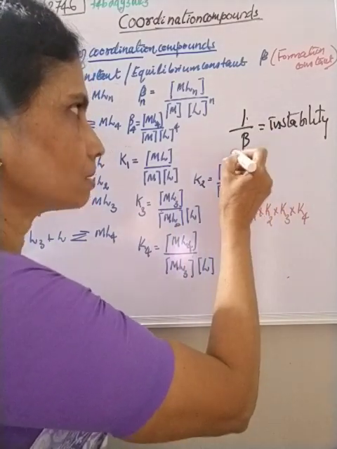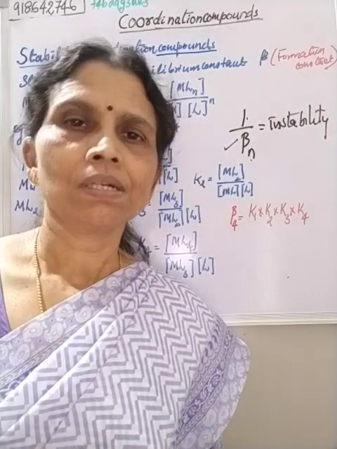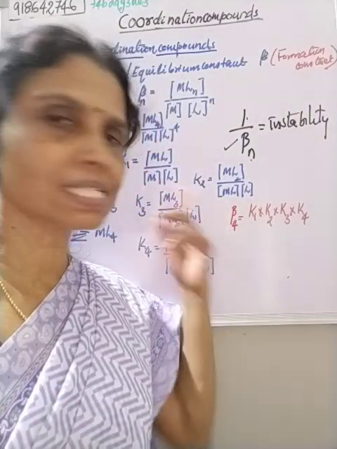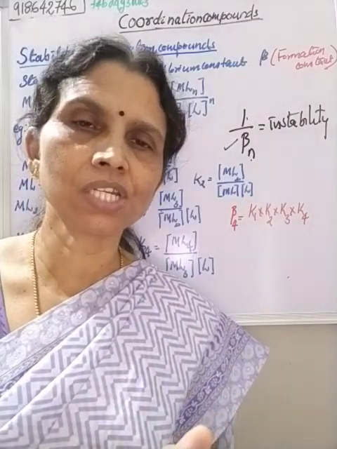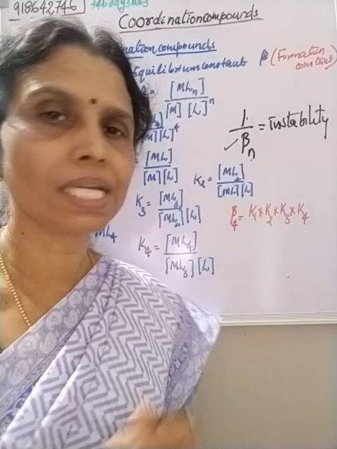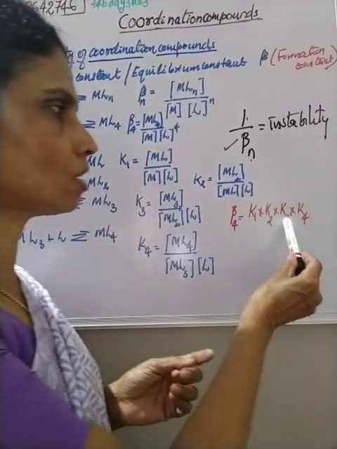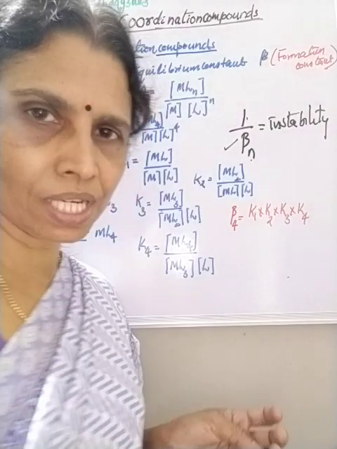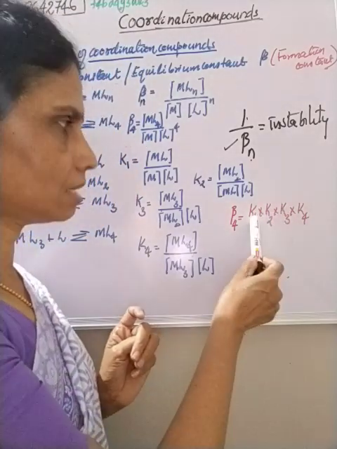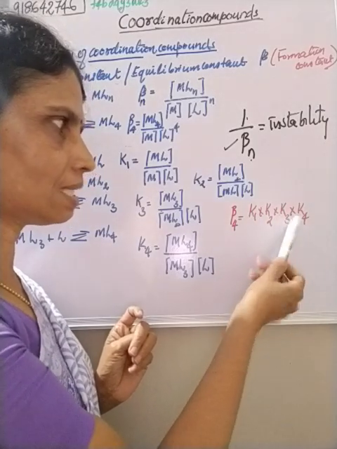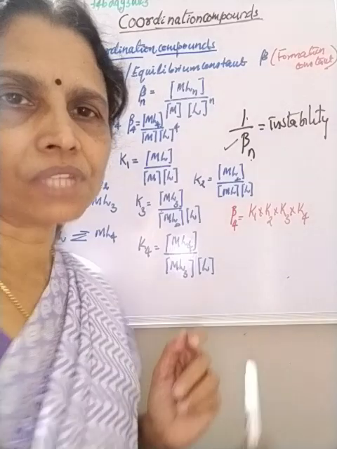Of course, the value of this will also give an idea about the stability, just like the stability constant: how easily the complex will dissociate to give ions. Then again, in most cases we will find the value of the stepwise stability constant decreases. That is, K2 will be less than K1, K3 will be less than K2, and K4 will be less than K3 in most of the cases.